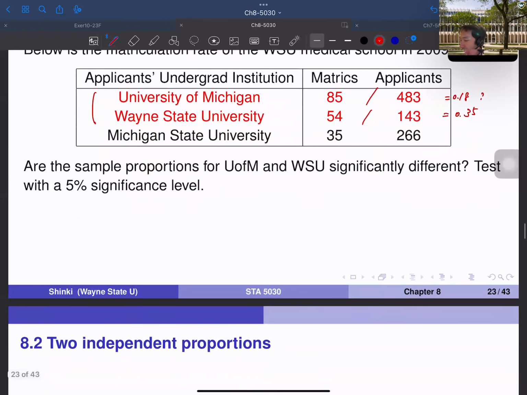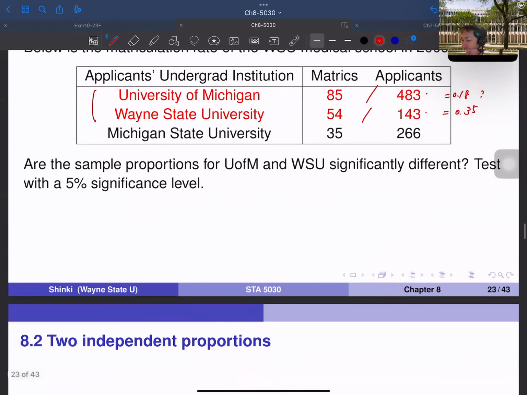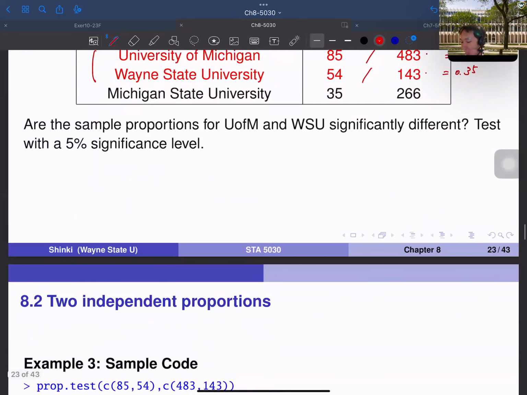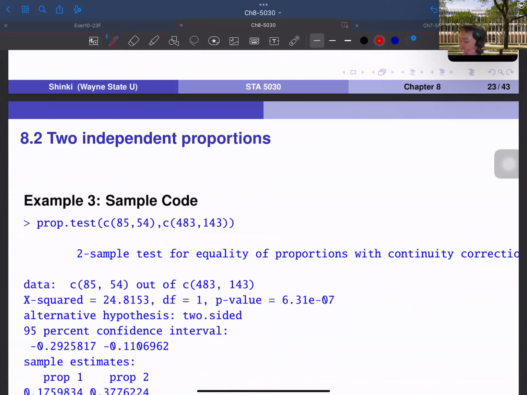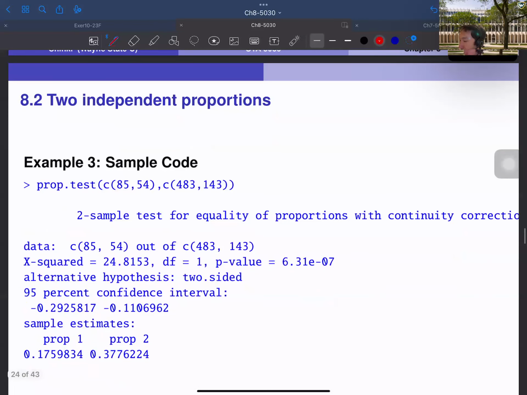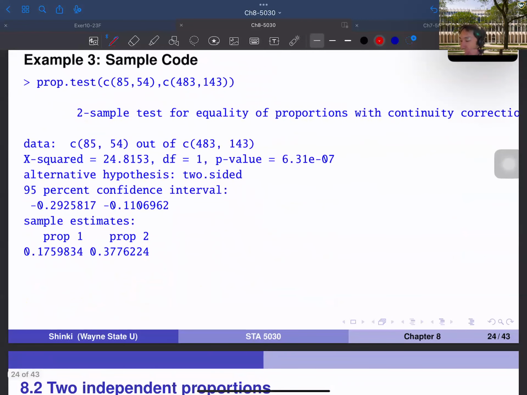So it's pretty different, and the samples are somewhat large, so probably we can say Wayne State University applicants have a higher proportion of enrolling in the program. This is enrollment, not really admission, so it does not mean a higher percentage is accepted, but at least we can say Wayne State University graduates enrolled at a higher percentage.